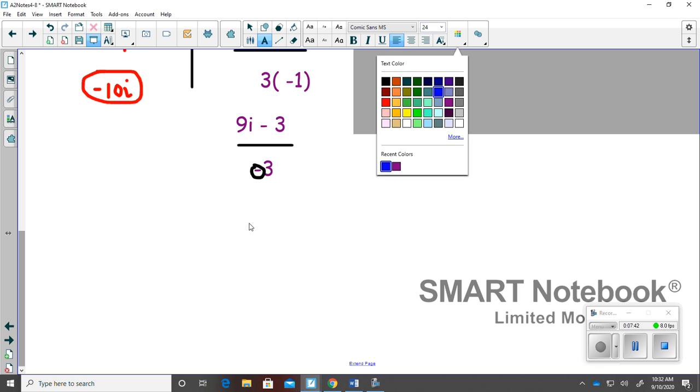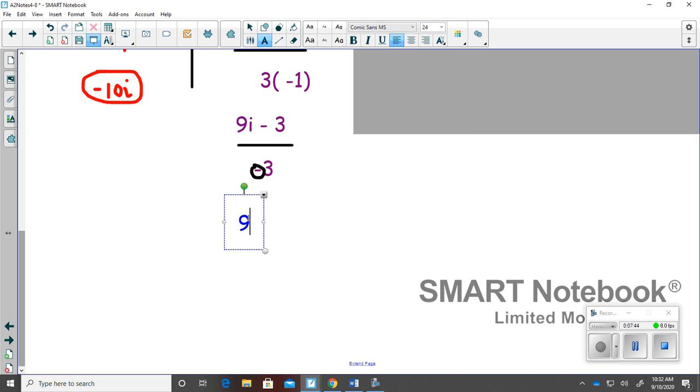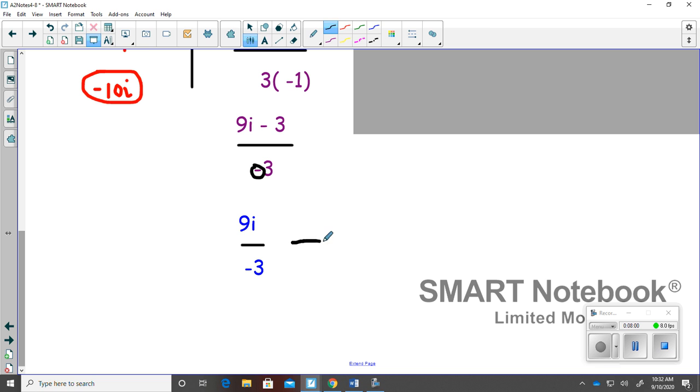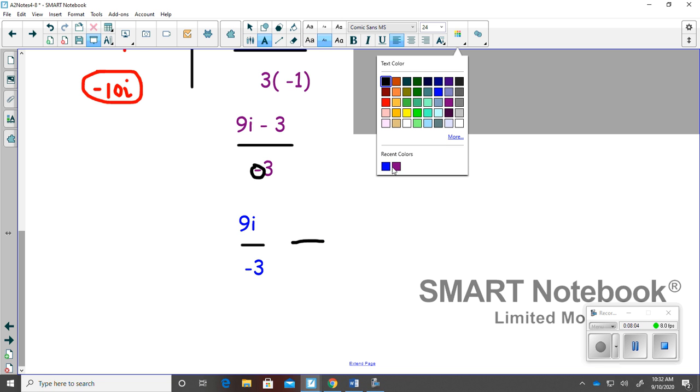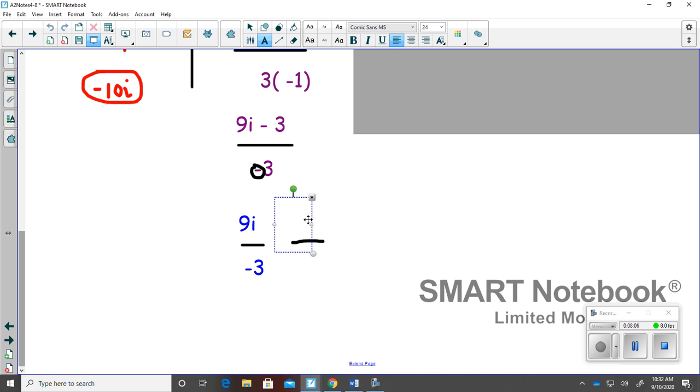And what I mean by that is, take the 9i, kind of imagine dividing 9i by -3, and then the -3 by itself. So I'm going to write it separately. It's going to be -3 here, and then -3 on the bottom.